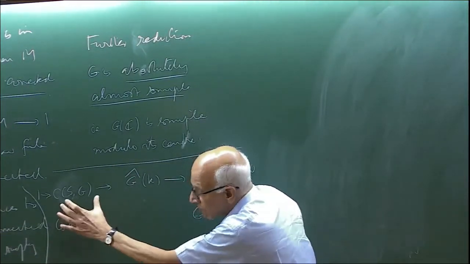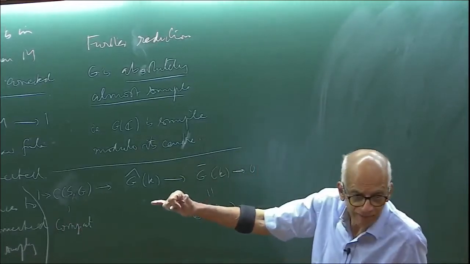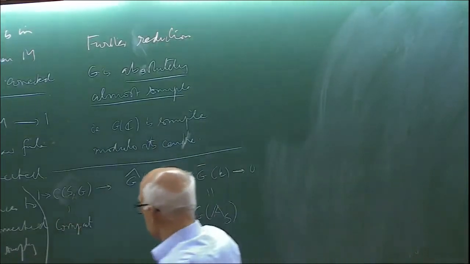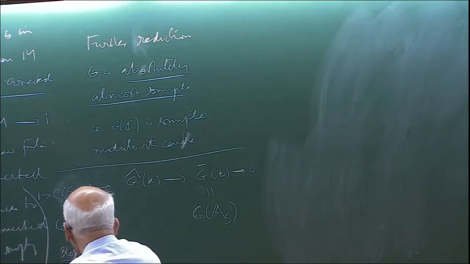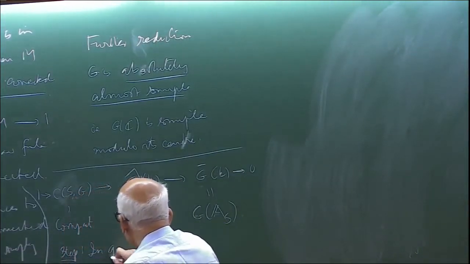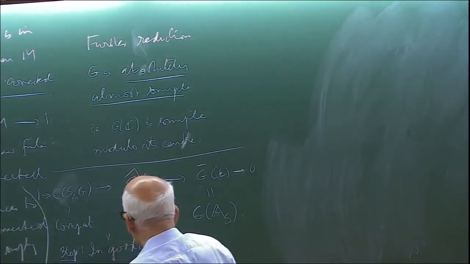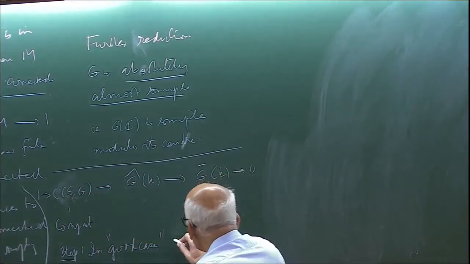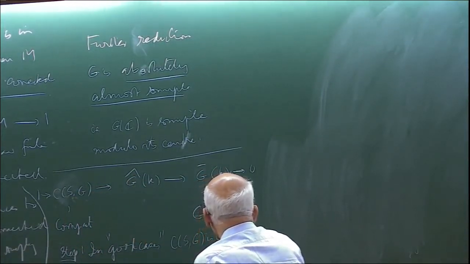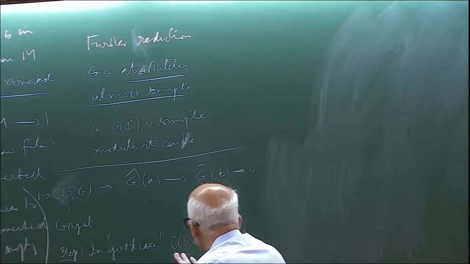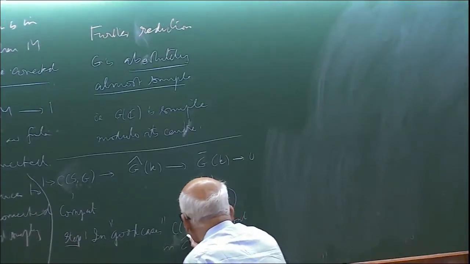If I knew it is central, such things are classified by second cohomology. So the statement is, in 2 steps. Step 1, in good cases, CSG is central in G hat K.